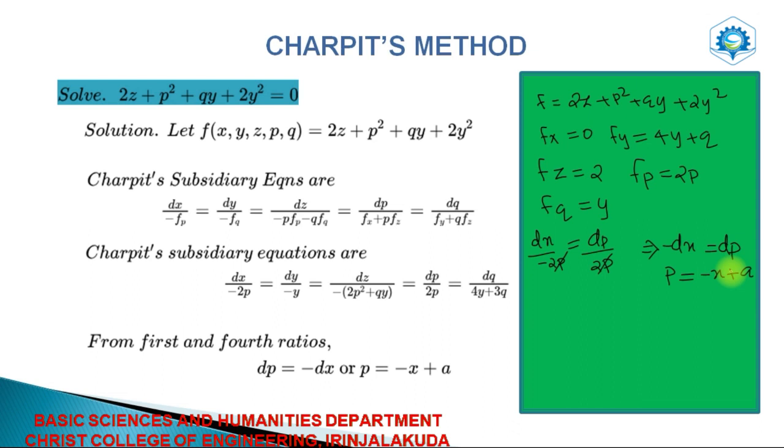What is our next idea? We will substitute this value in the given equation 2z plus p square plus qy plus 2y square equal to 0, and find the value of q.